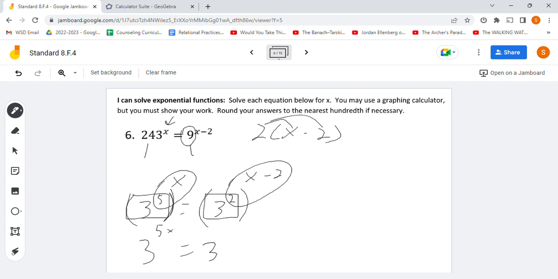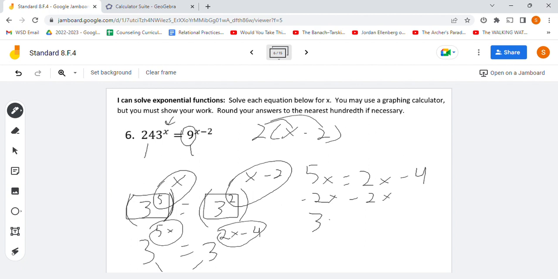So this will be 3 to the 2x minus 4 power. Now that the base is the same, we can figure out what makes our exponents equal to each other. So that would give us 5x equals 2x minus 4. Solve this by subtracting 2x on both sides. We'll get 3x and a negative 4 over here.